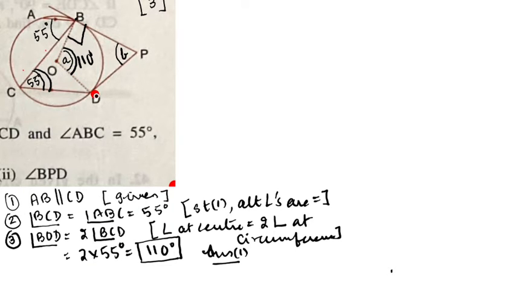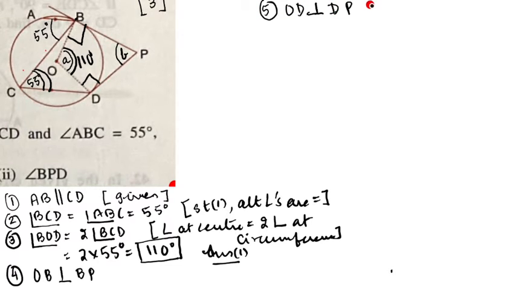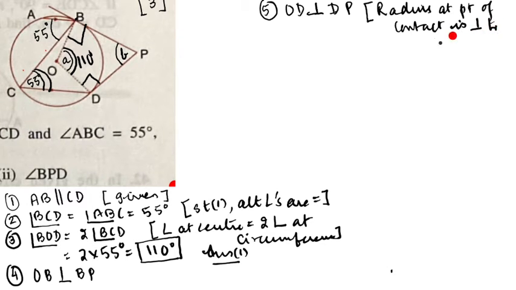Same thing happens here: OD will be perpendicular to PD. So we will write statement 4 that OB is perpendicular to BP, and the 5th statement will be OD perpendicular to DP, and this will be because the radius at point of contact is perpendicular to the tangent.